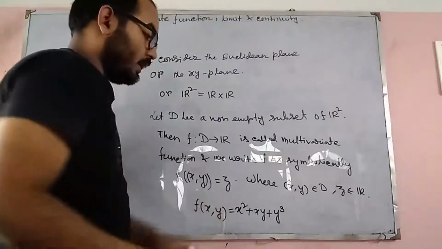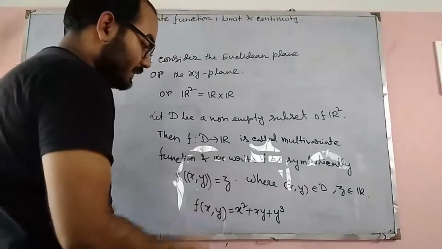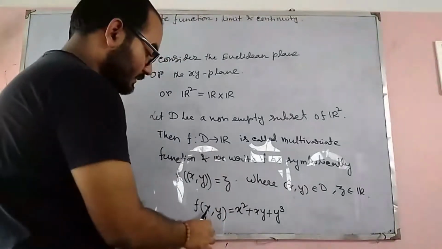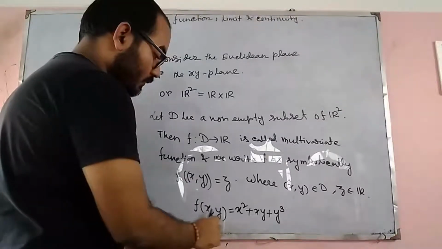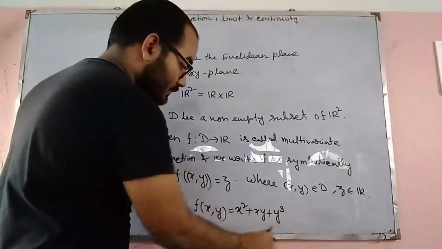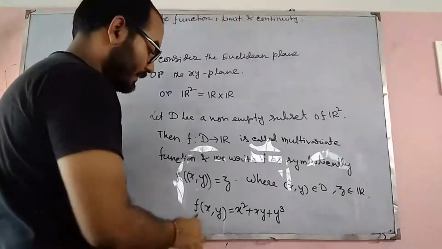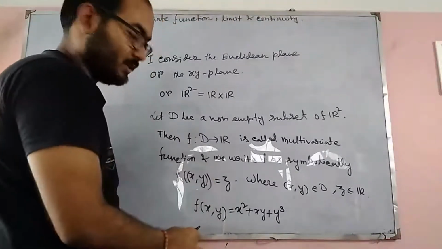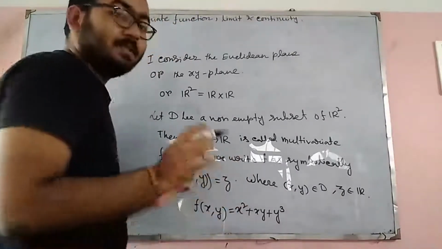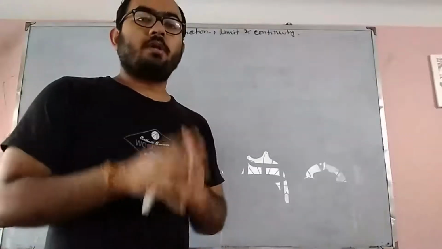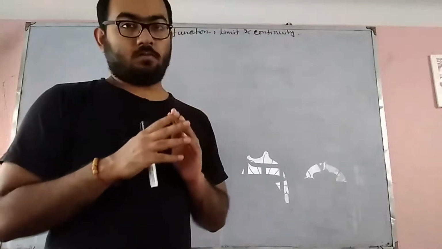This is a multivariate function, and you can see that if we change the value of x and y, then this is totally a real number. And here the domain of the function is totally R2. That's it. Now I will give the definition of the limit of a multivariate function.